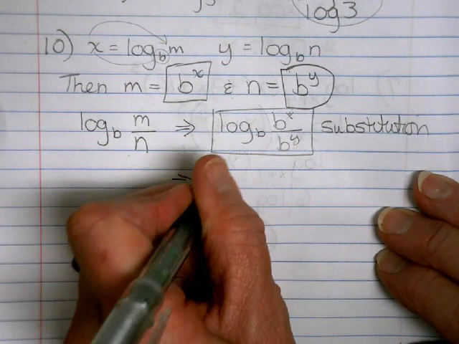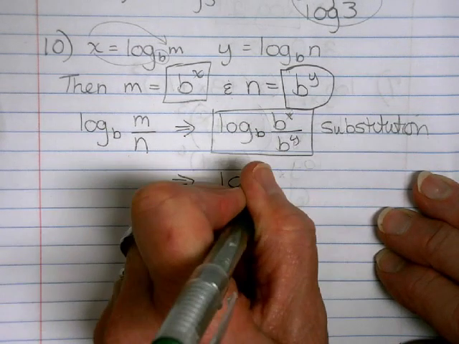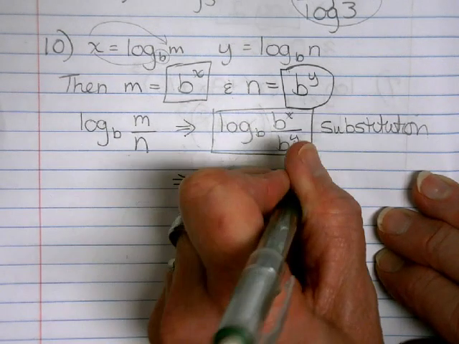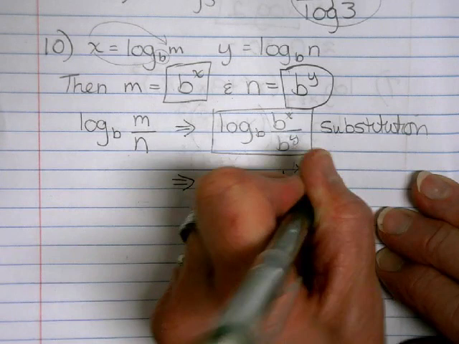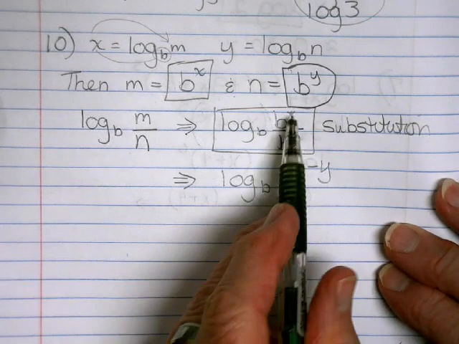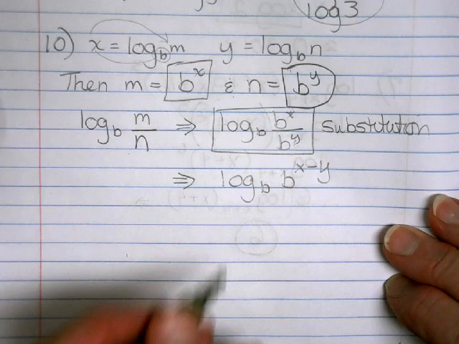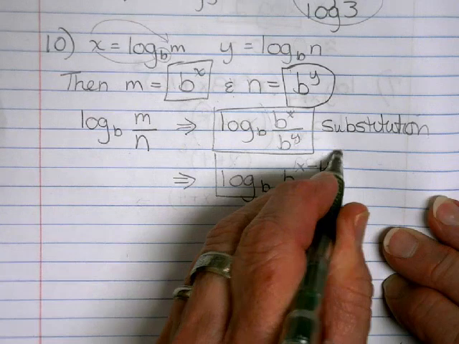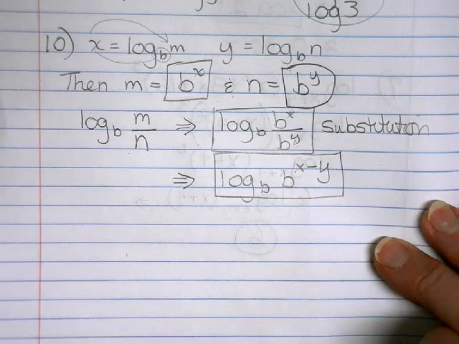Okay, now they're going to change this to using exponential law, quotient. If I have this like basis, I subtract the exponents. So then this turns into log base b of b to the x minus y. Because if you have a like basis, you can subtract the exponents.